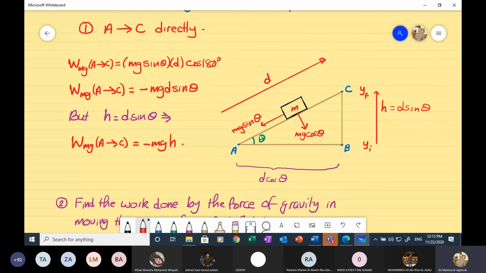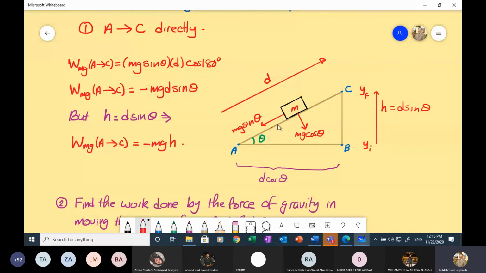But remember, this is a right angle triangle. This is the horizontal component of the displacement. This is the vertical component of the displacement, which I called h. Now h is opposite to theta, so does it take sine or cosine? It takes sine. I am resolving this displacement into two components, one along the horizontal axis and one along the vertical axis. Since h is opposite to theta, it takes the sine, so h equals d sine theta.